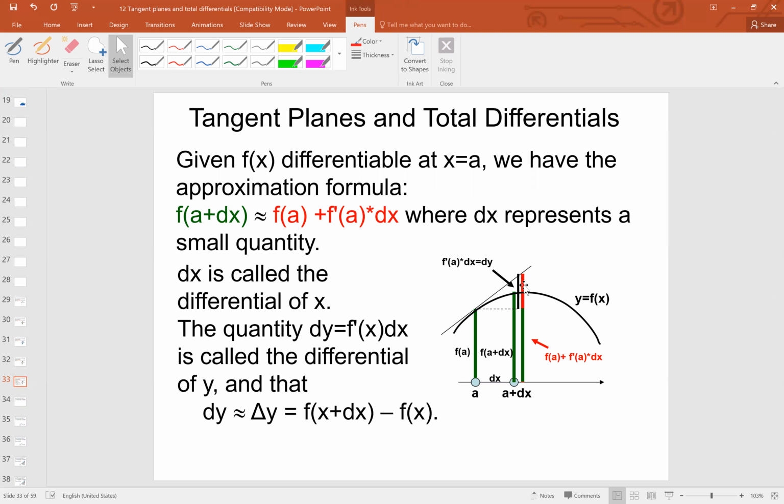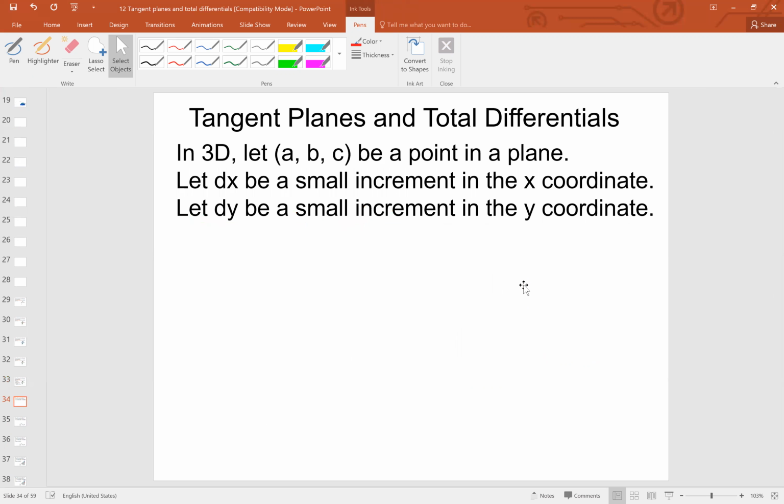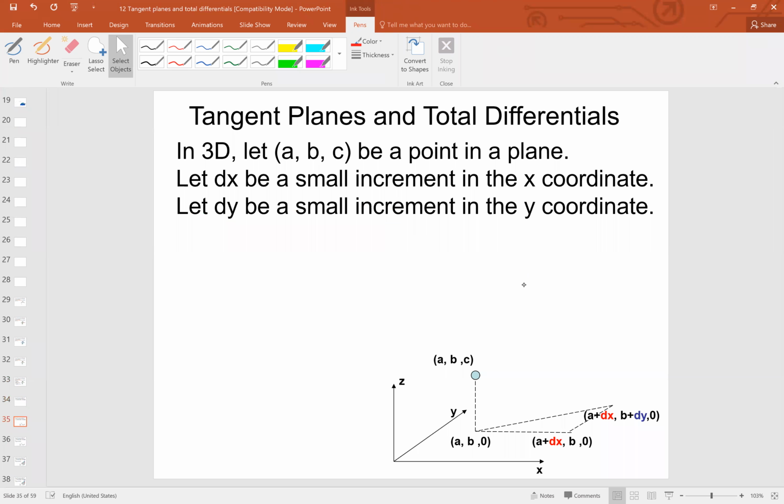We do the same thing with tangent plane on the surface. Okay. And suppose I have a surface and a base point at a, b, and I'm going to go along the x direction a small amount dx. I'm going to go along the y direction a small amount dy, and wind up at a point a plus dx, b plus dy.